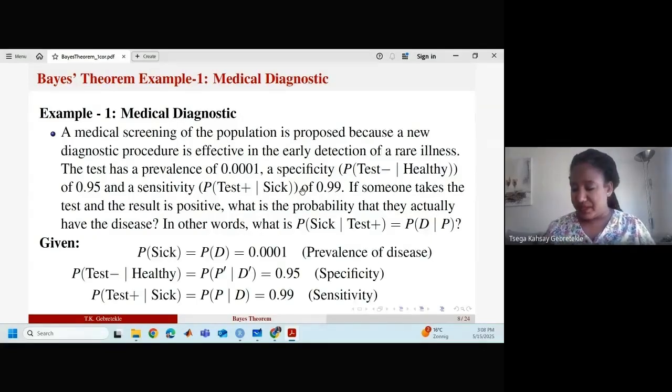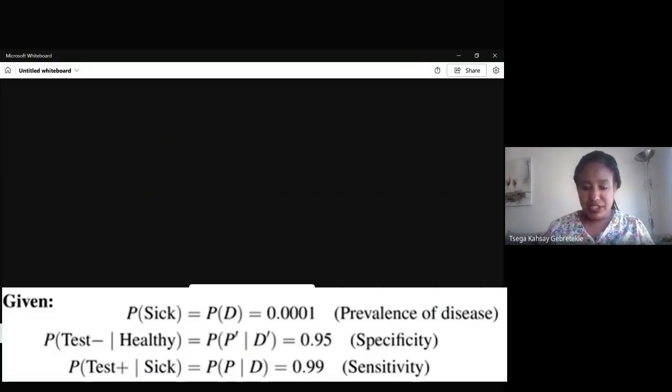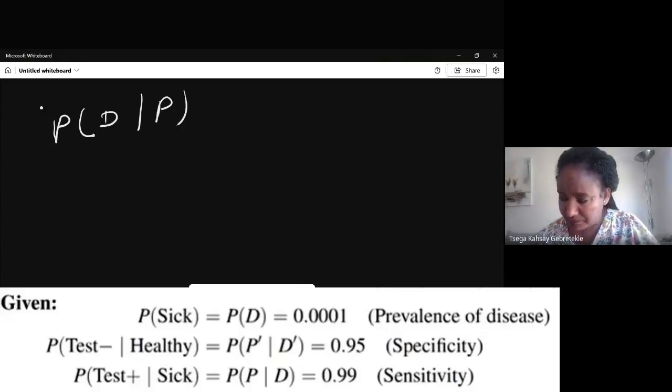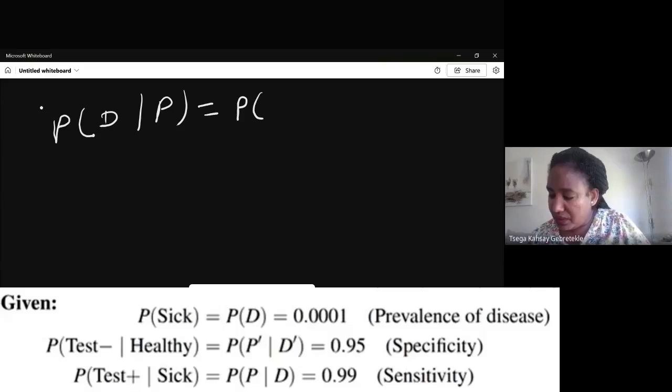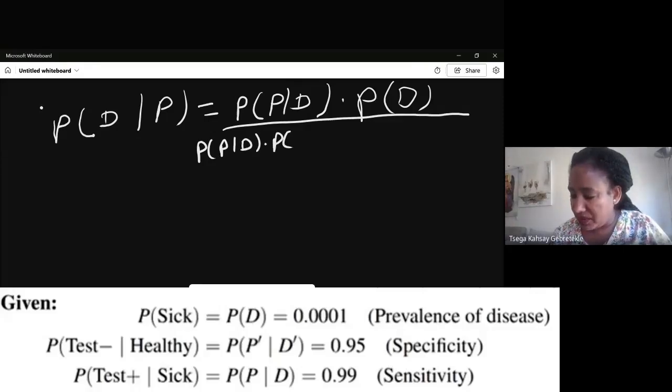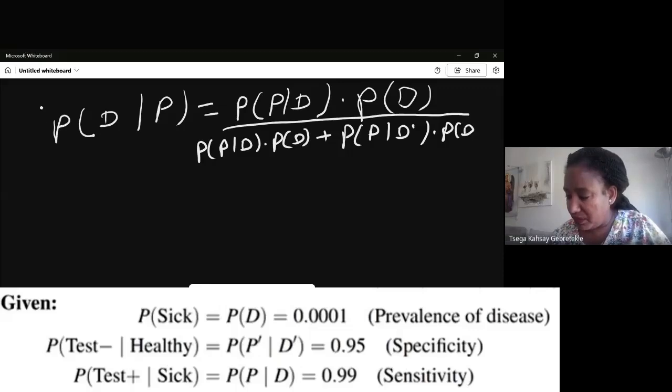These are the given ones. So what we are asked is to calculate the probability of D given P. And that is the probability of P given D times the probability of D, divided by the probability of P given D times the probability of D plus the probability of P given D complement times the probability of D complement.